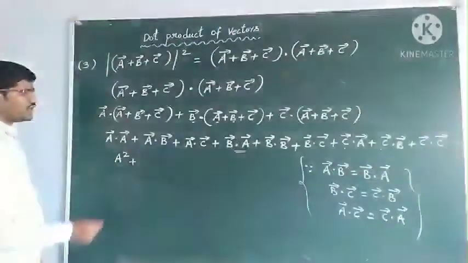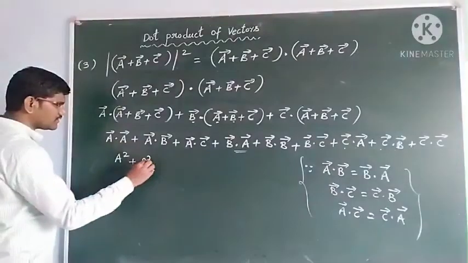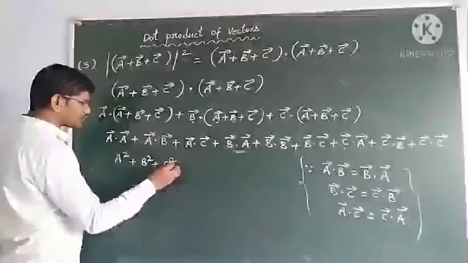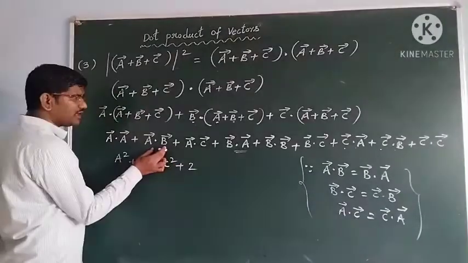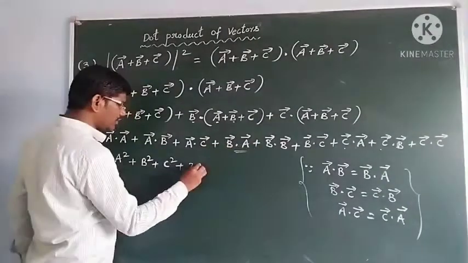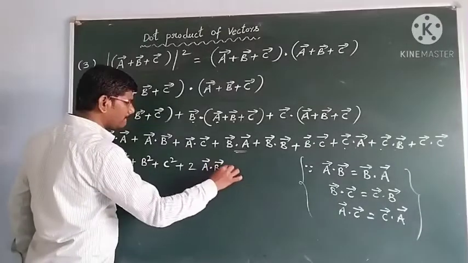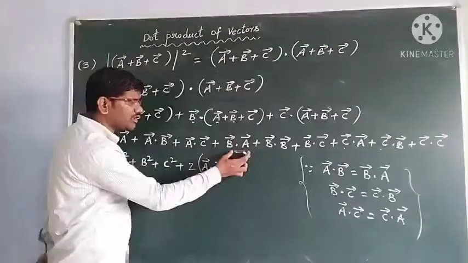Then a bar dot a bar is a square, b bar dot b bar is b square, plus c bar dot c bar is equal to c square. So now 2 into a bar dot b bar: 2 times we have a bar dot b bar and b bar dot a bar, both are same.